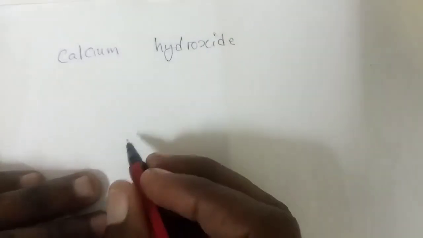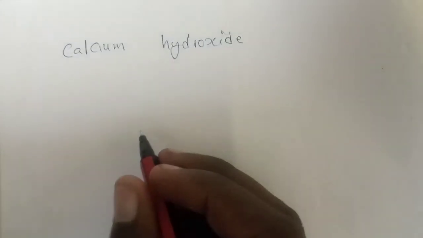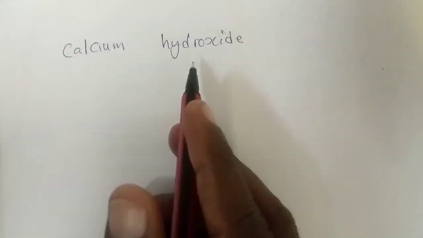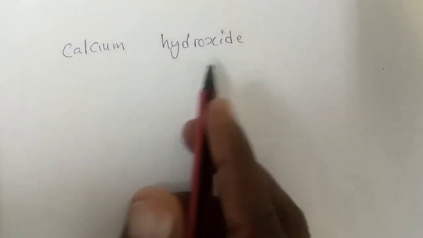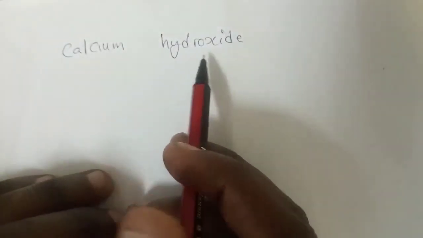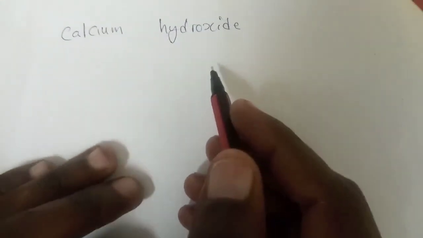You need to know the symbol or the formula for hydroxide. This is one of the radicals that we learned in the previous videos.